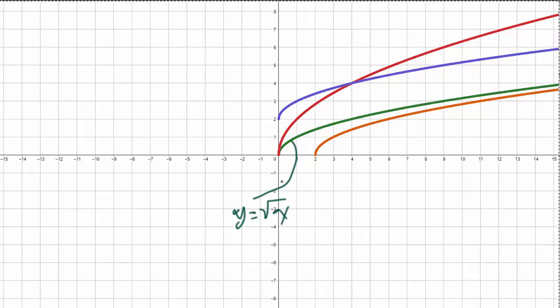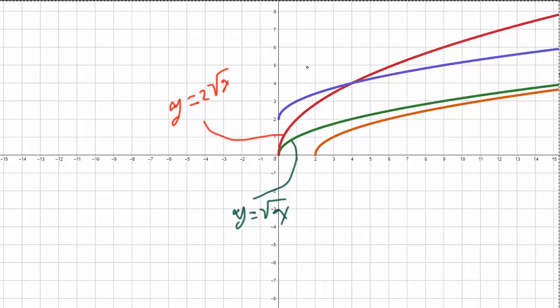Now, this red one, you notice it starts at the exact same place. It is a dilation. This one happens to be y equals 2 times the square root of x. So you can see that it gets wider than the parent. So you go up 2 over 1, and it stretches from there. Makes sense so far?